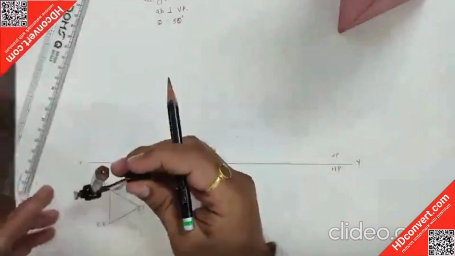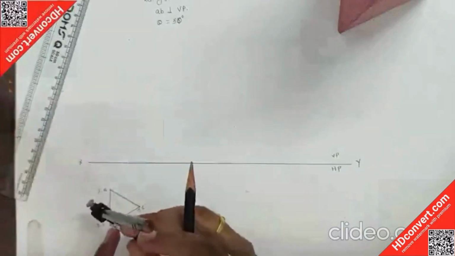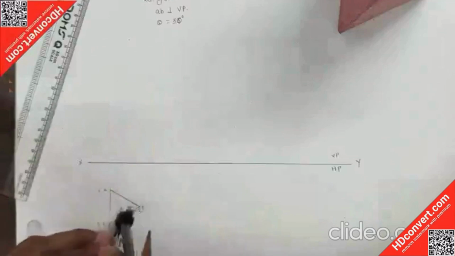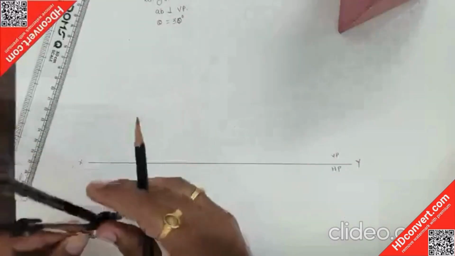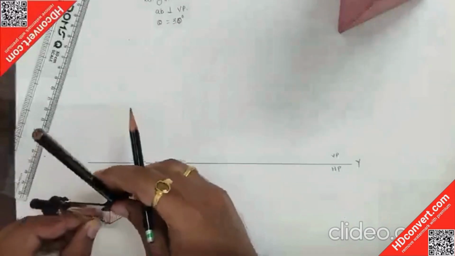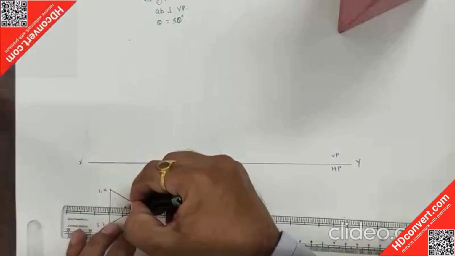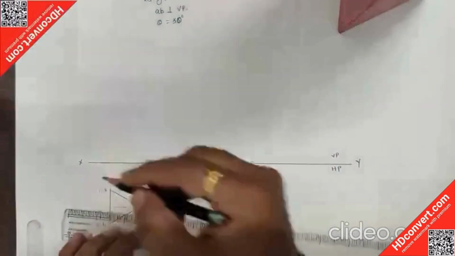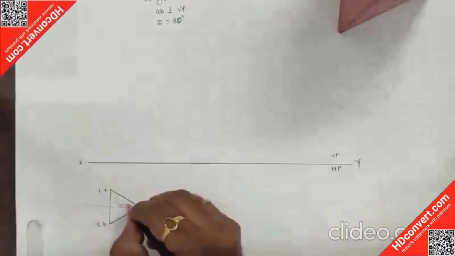Similarly, bisect this side also. This construction must be done neatly. The intersection is nothing but the axis, O comma S.